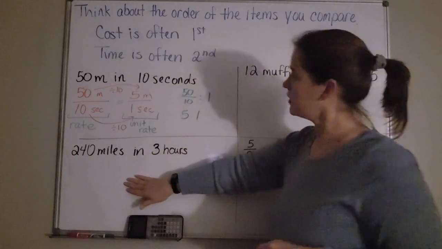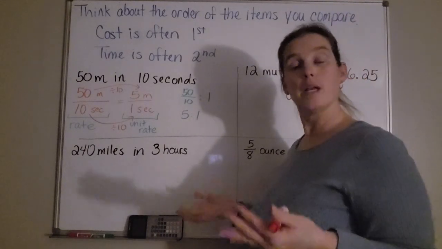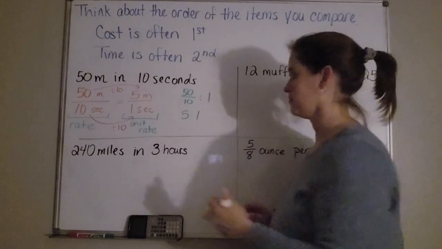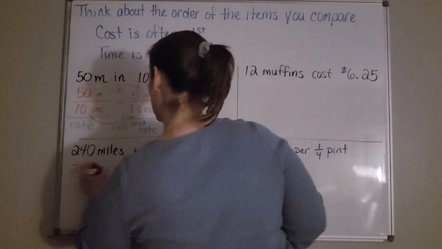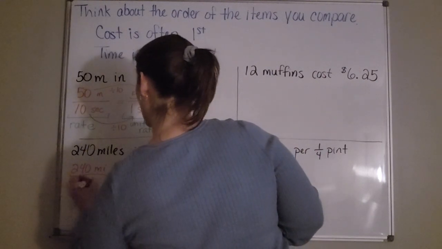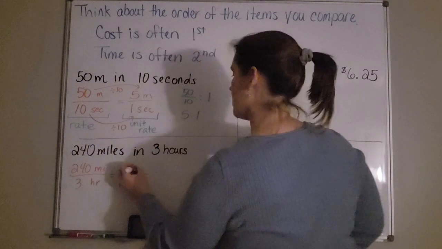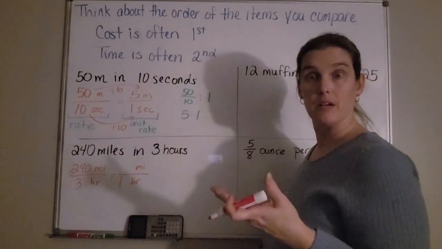All right, let's look at the one down here. 240 miles in 3 hours. So how many miles are you driving in 1 hour? Now let's write our rate. 240 miles in 3 hours. But we know we need to find out how many miles in 1 hour. So we're going to divide.